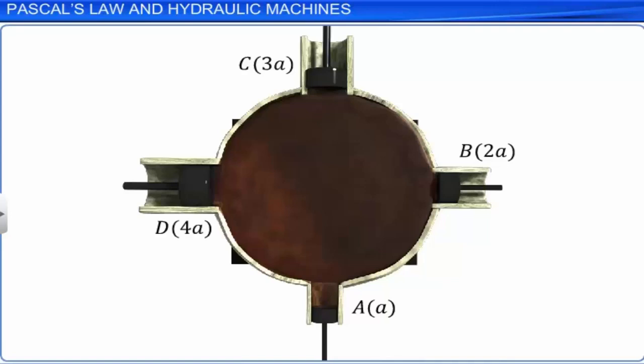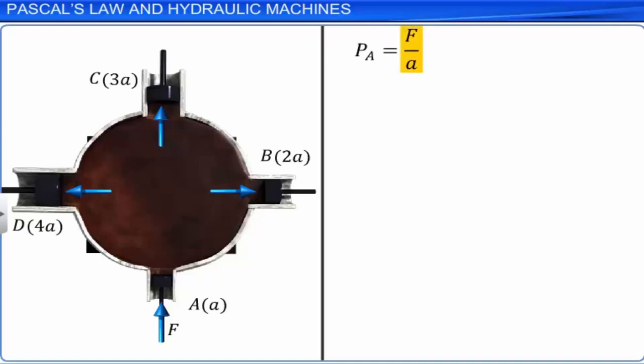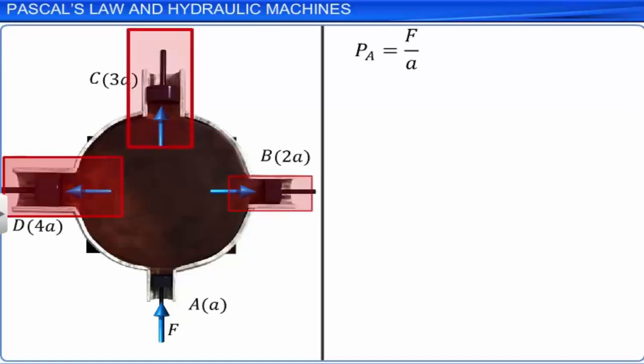Let piston A be pushed with a force F. Then the pressure on the piston is F by A. Pistons B, C and D move out due to this pressure. However, pistons B, C and D can be held in their position only when the forces applied on them, that is, FB, FC and FD are equal to 2F, 3F and 4F respectively.